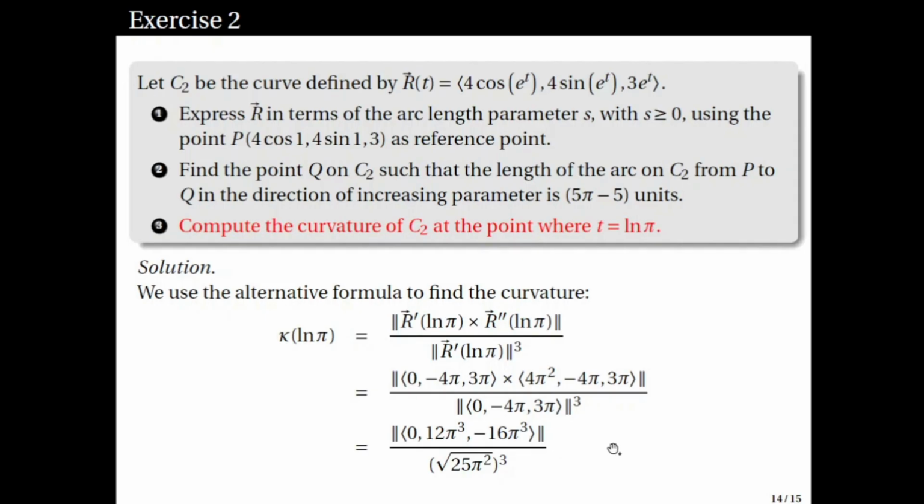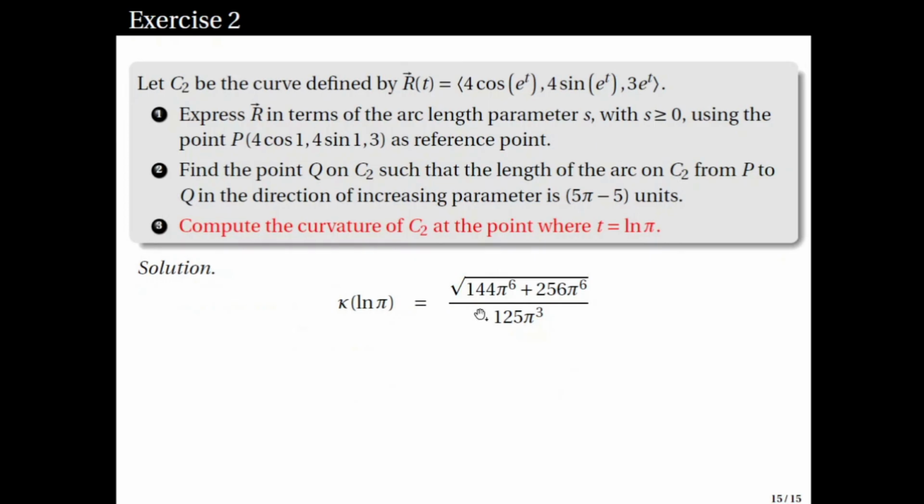And taking the norm of the numerator, you'll get the square root of 144 pi to the 6 plus 256 pi to the 6. And for the denominator, you have 5 pi raised to 3, so that's 125 pi cubed. So this now is equal to the square root of 400 pi to the 6.